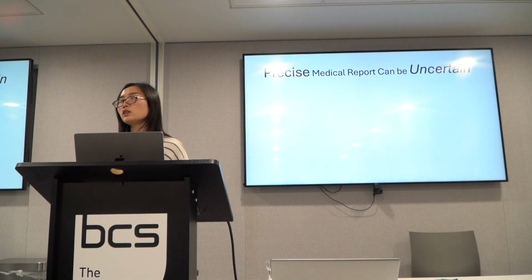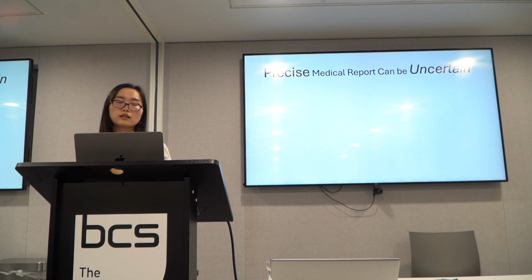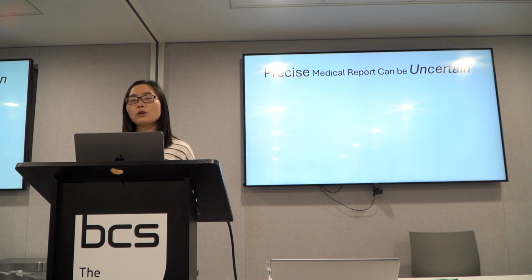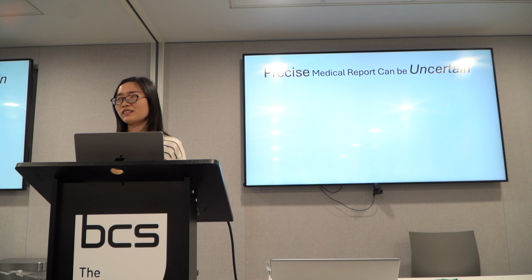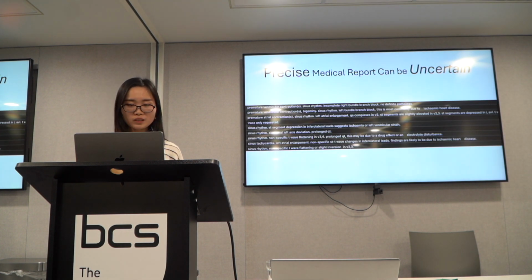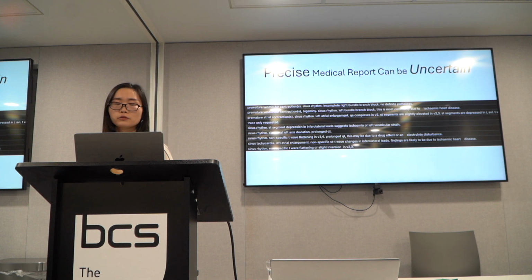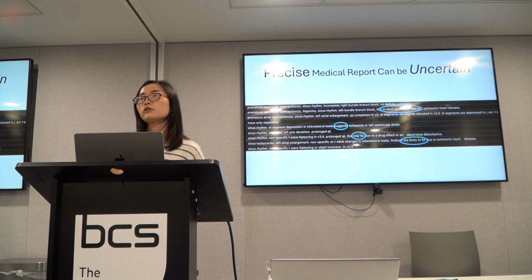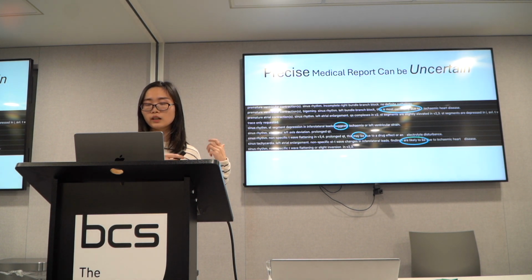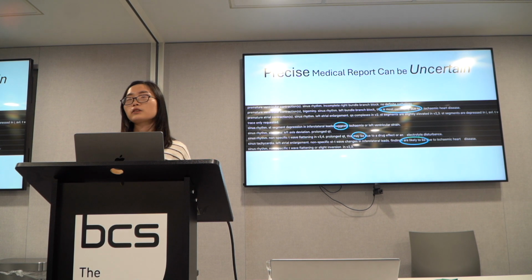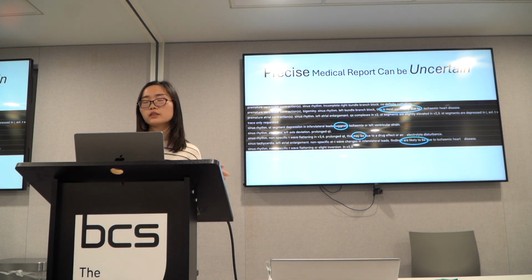The second issue about medical reports is that they are often uncertain. What does it mean? Here is another example. If you look at these sentences, you will find some modal adverbs, like something is most commonly due to, something is likely to be, and this patient may be likely to have some heart failure or ischemic heart disease.